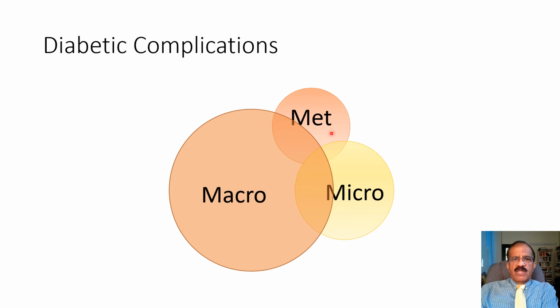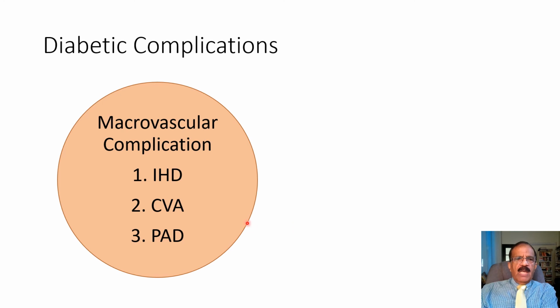Now we have discussed metabolic complications very briefly, because that we are going to cover in the next lecture. We have discussed microvascular complications in some detail, and macrovascular complications just a mention here, but we are going to have a separate lecture on that. These are due to premature atherosclerosis: ischemic heart disease, various types, cerebrovascular accidents, various types, peripheral artery disease, again various arteries can be involved.